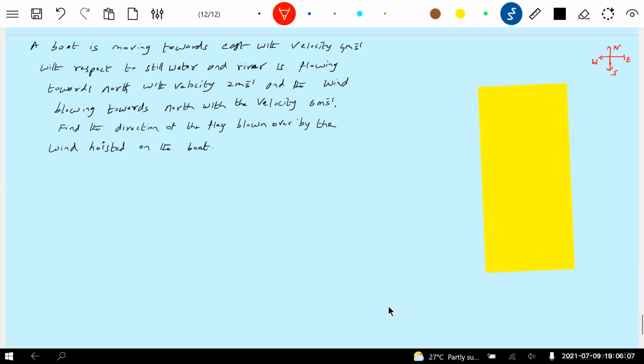The boat is moving towards east. What is the velocity of the river? The velocity of the river is like this. The boat is moving towards east. There's a flag hoisted on it.